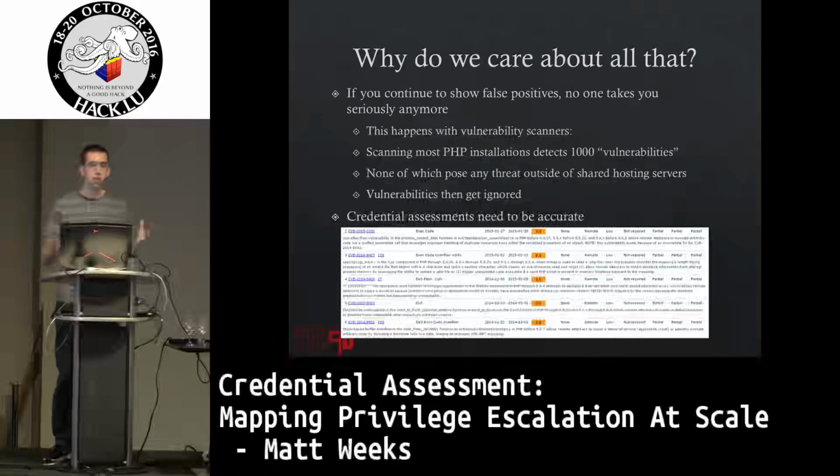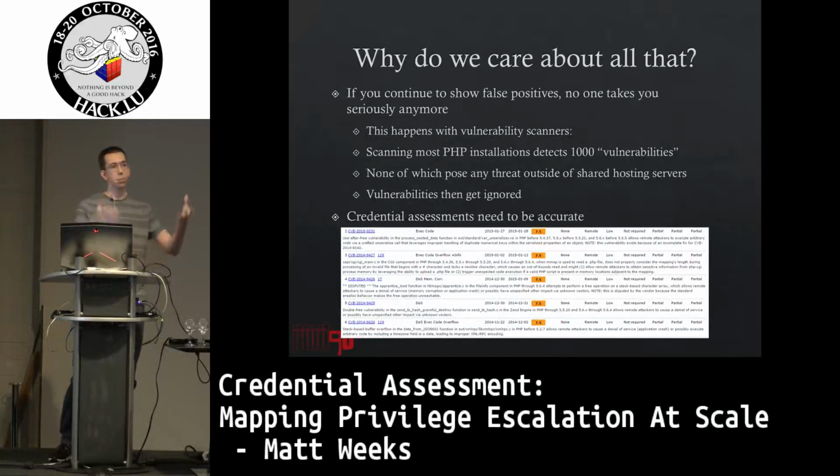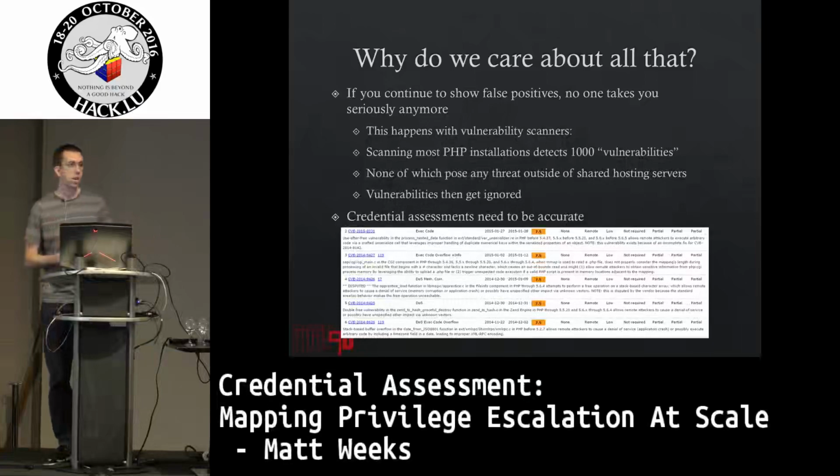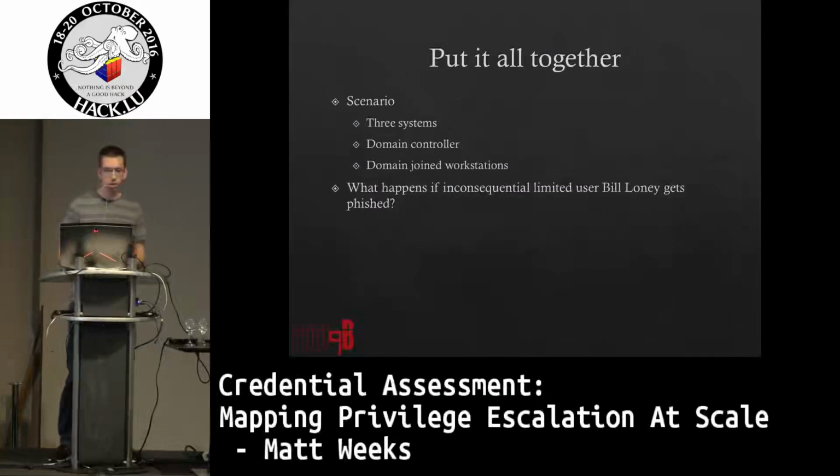In most installations where untrusted users are not allowed to execute code on the system, none of these are vulnerabilities. So a lot of times in the Security Operations Center or IT management, they'll get one of these reports with 1,000 different vulnerabilities on 1,000 different systems, and it gets ignored because it's all looked at as low priority. So it's very important to us to make sure that when we say, hey, these credentials can be stolen, your entire network can domino down, that actually happens.